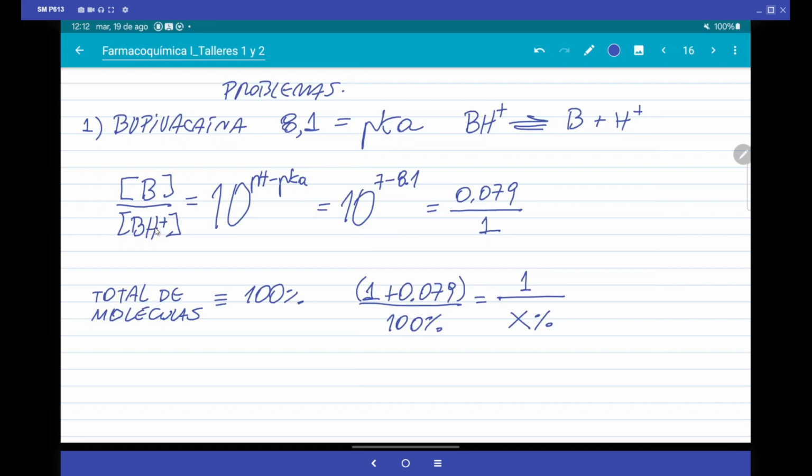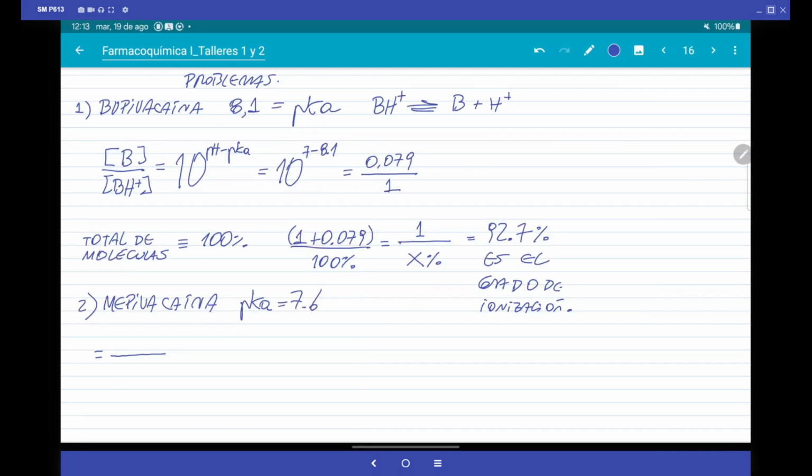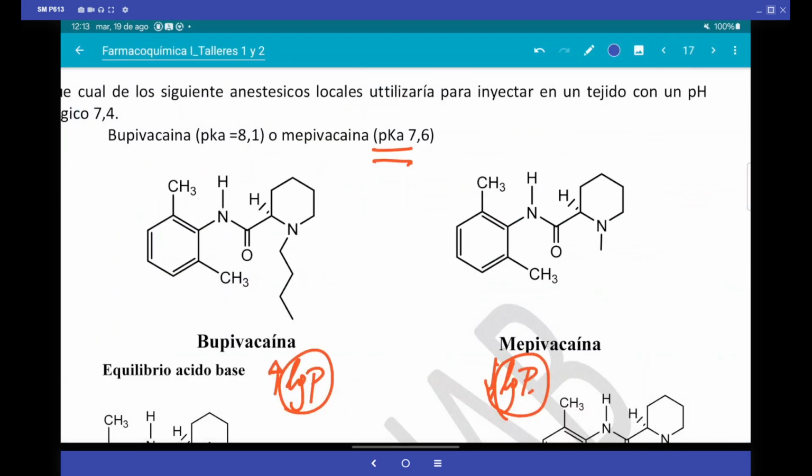Well, now we multiply all this and see how much it is. So we apply a calculator quickly, 100 divided by 1.079.